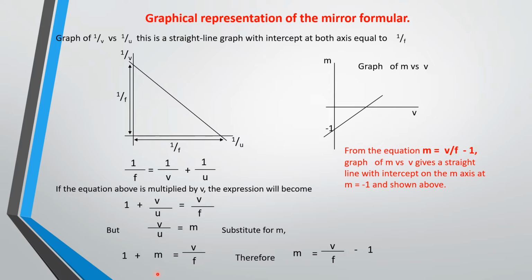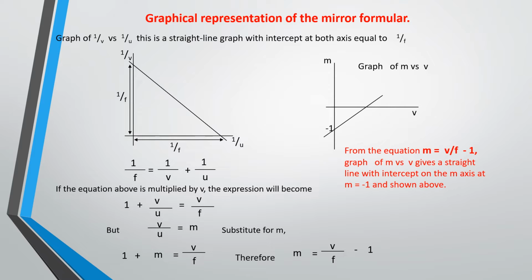Now, graphically represented, if you plot the graph of 1 over V against 1 over U, you are going to have your intercept on both sides equal to 1 over F. This can come as an exam question.